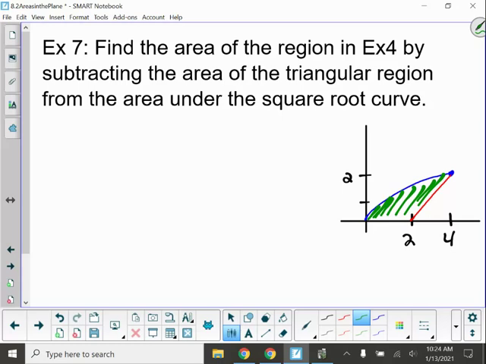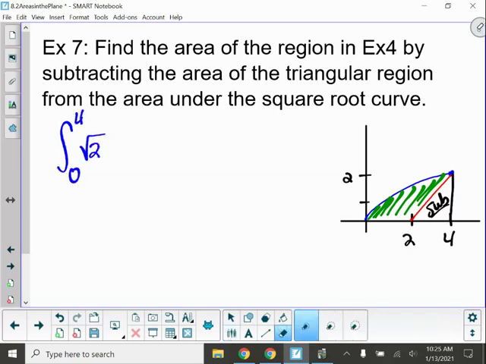So if I'm finding this region, I can actually find the entire area under the curve because this is using the geometry there. So if I look at the integral from 0 to 4 of the square root of x, basically, if it weren't for that triangle, that green section would extend to the rest of the area underneath the curve for the square root of x.